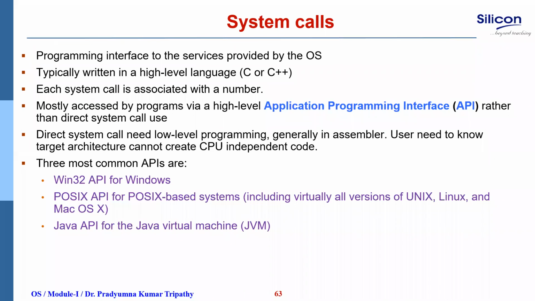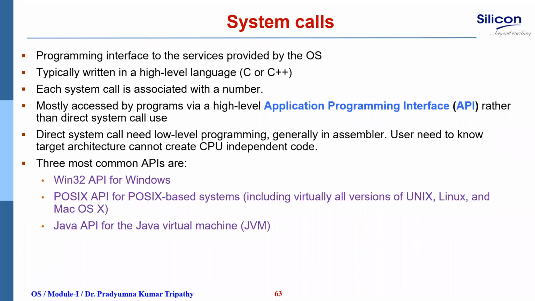If you have read Java programming, you must have read about JVM architecture, or in Python you have PVM architecture. So what does the JVM do? Whenever the bytecode, the compiled code, is received, it looks into the system architecture and converts it to low level code according to the architecture on which it is running.